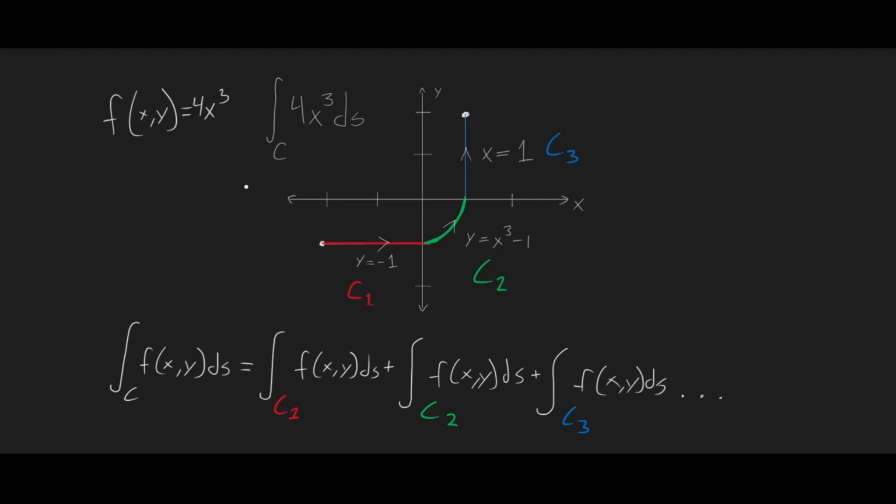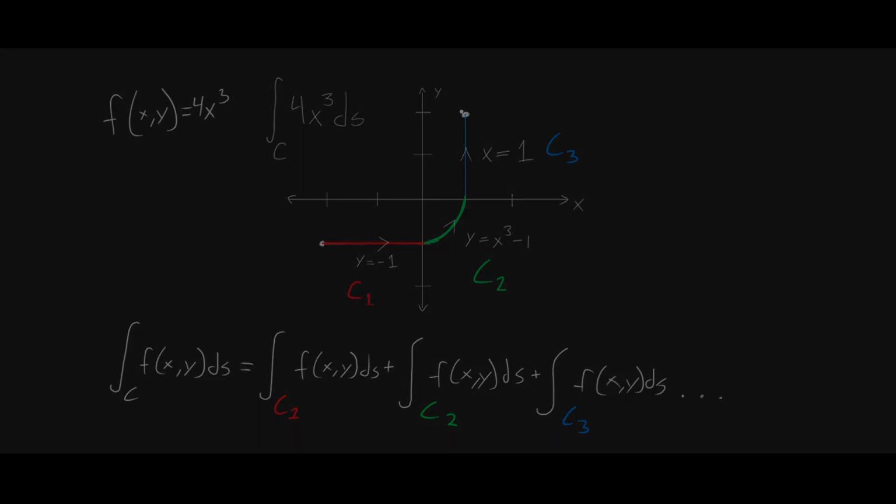So for example, here we have a curve C that's continuous and is represented by 3 different functions, c1, c2, and c3. So you can represent the line integral for the entire curve as the line integral for c1, the line integral for c2, and the line integral for c3 added all together. And this works for however many functions you have, as long as they are all continuous.